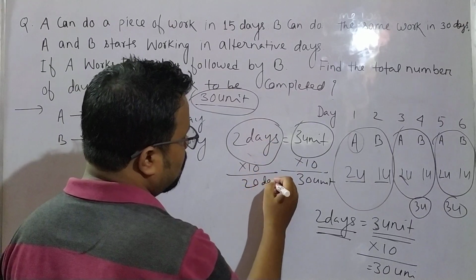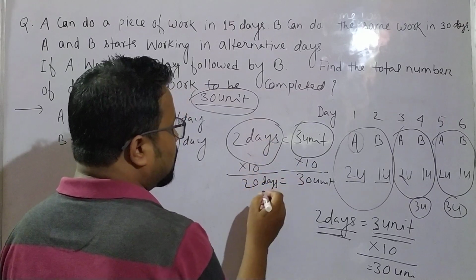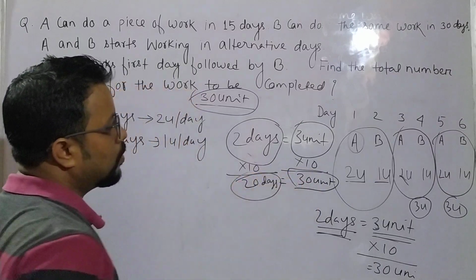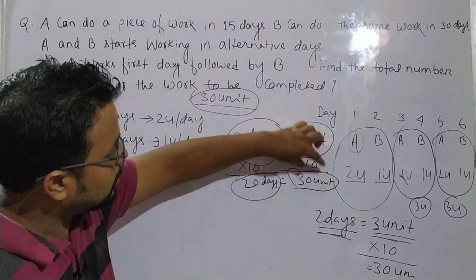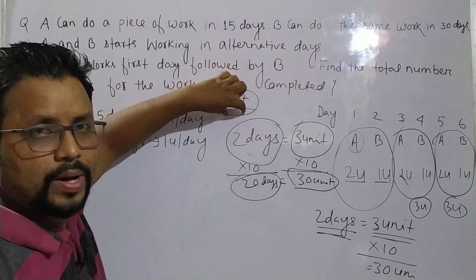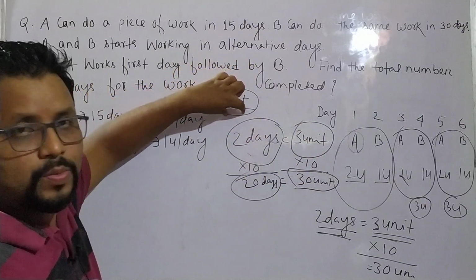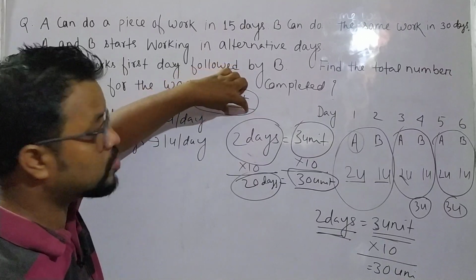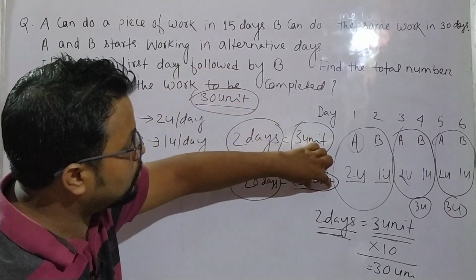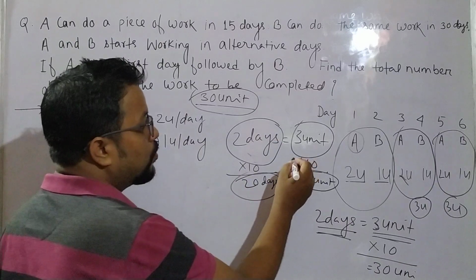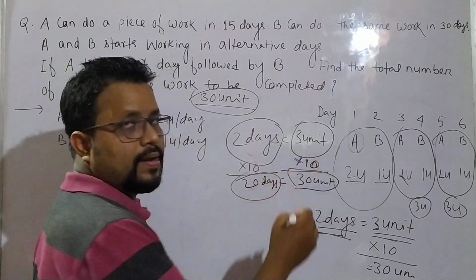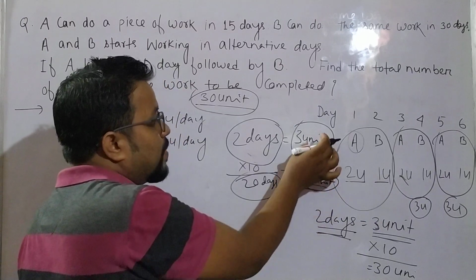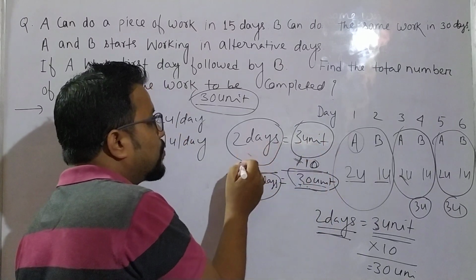So it will be 20 days. So 30 units will be completed in 20 days. In order to get 30, I am multiplying with 10, so since I am multiplying this with 10, this also I have to multiply with 10.